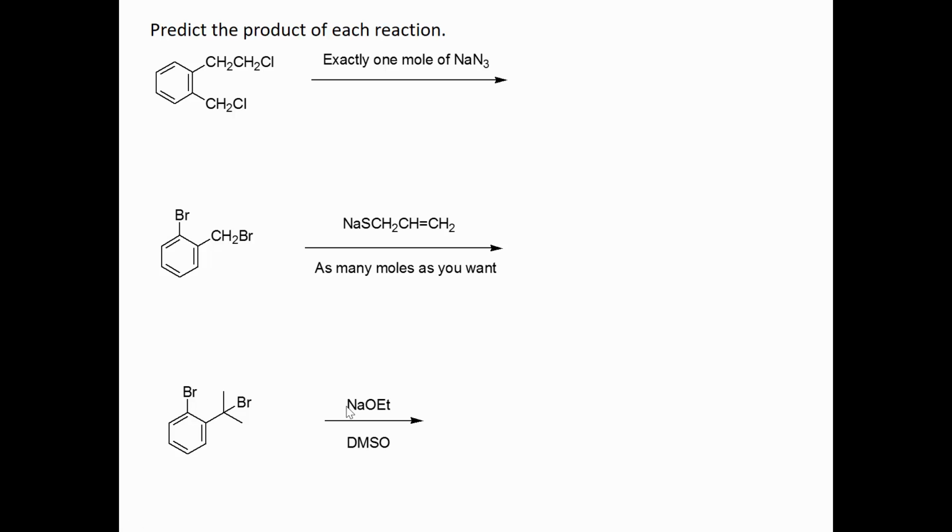All right, so when we look at the top reaction, we see primary benzylic, primary, and we see a good nucleophile. Okay, really the only thing that we could reasonably expect from this reaction is an SN2 reaction.